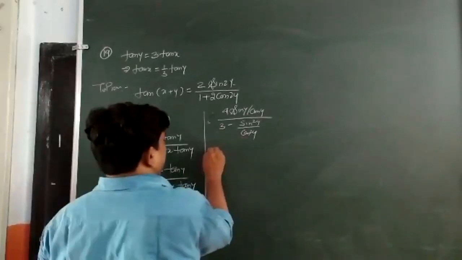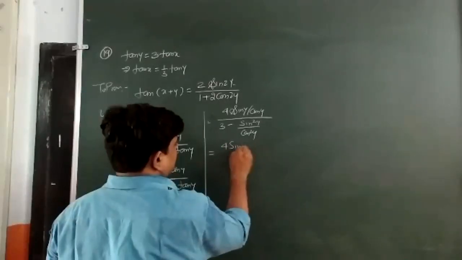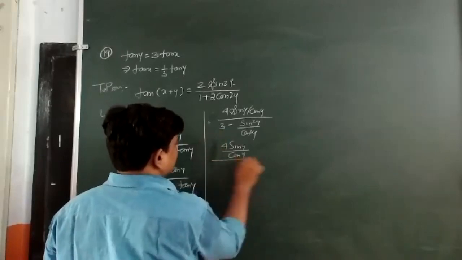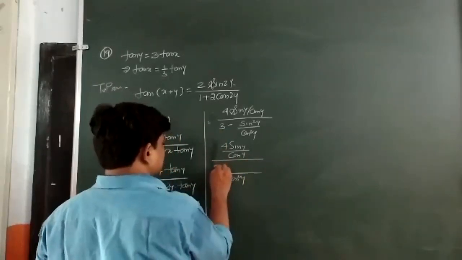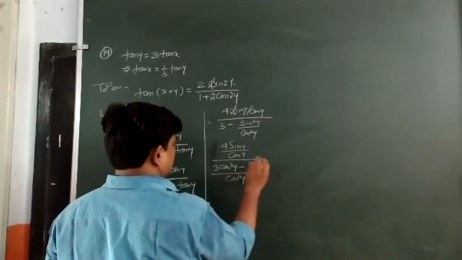So when I simplify, I get something like 4 sin y upon cos y, and that whole upon, you can see, something is cos square y, then 3 cos square y minus sin square y.